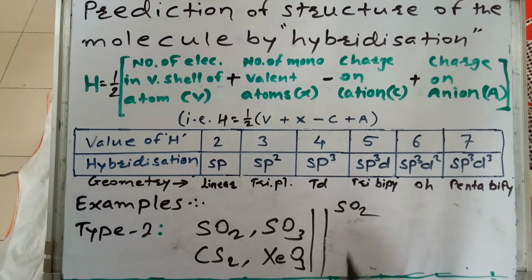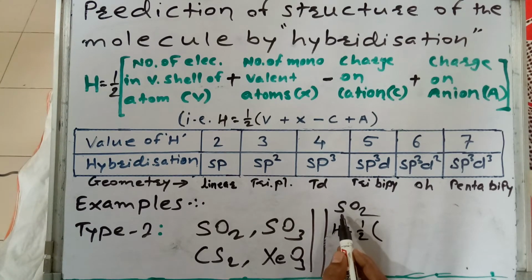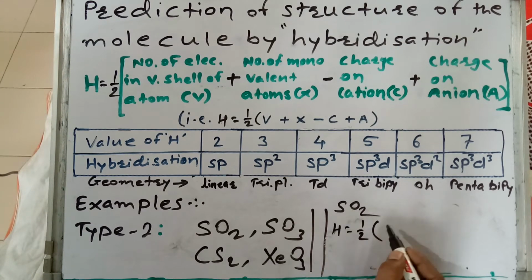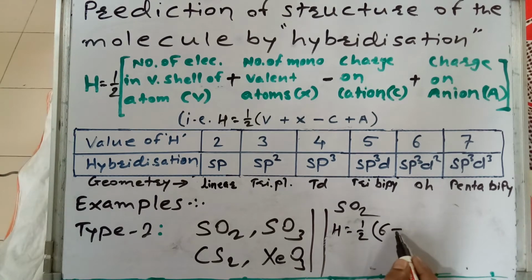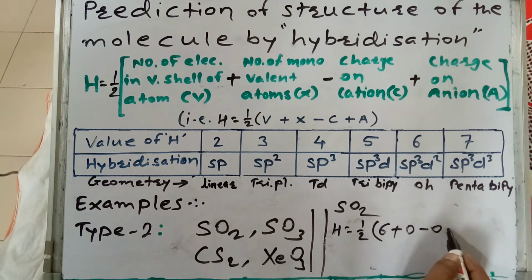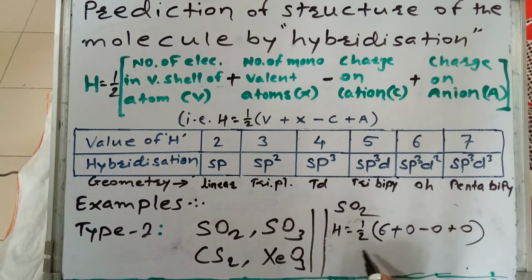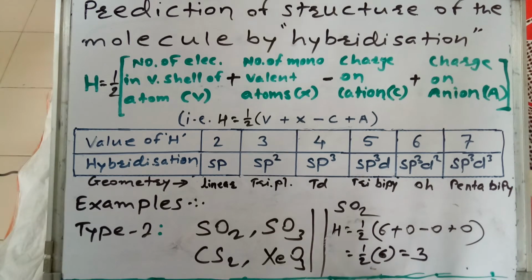So H is equal to half. Valence electrons around the central atom is 6, plus monovalent atoms, nothing, so this number is 0. Cations charge is not there, 0. Anion is not there, so 0. So again half of 6, and here this comes 3.